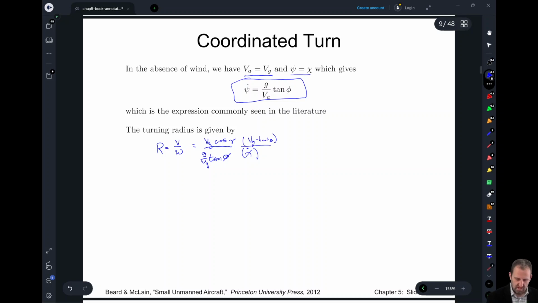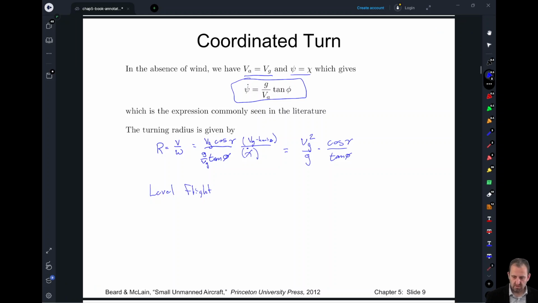If we write that out, we end up getting R equal to VG squared all over g times cosine of gamma all over tangent of phi. For level flight, our cosine of gamma is equal to 1 because gamma is equal to 0.